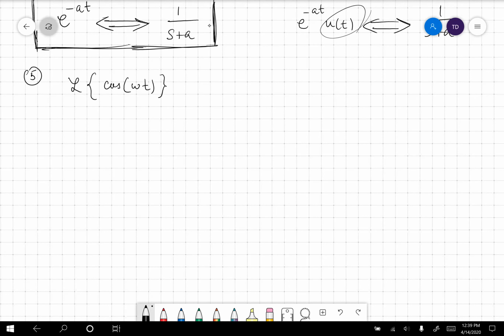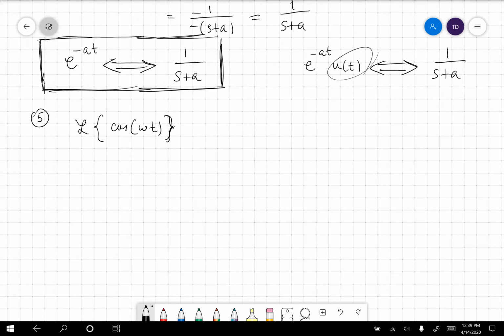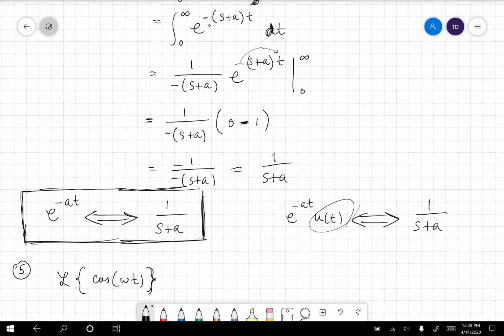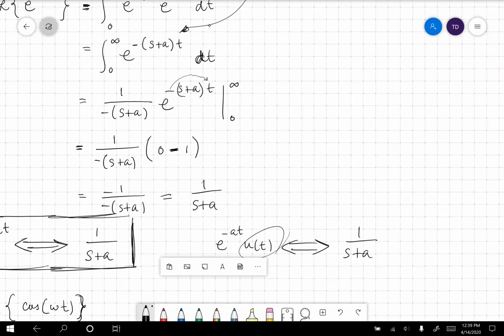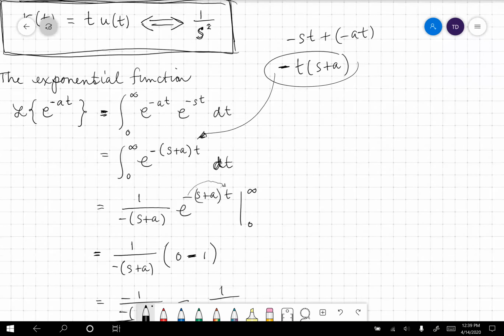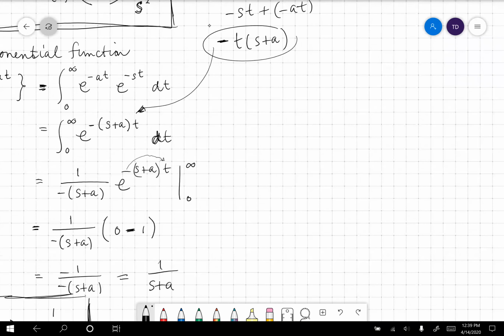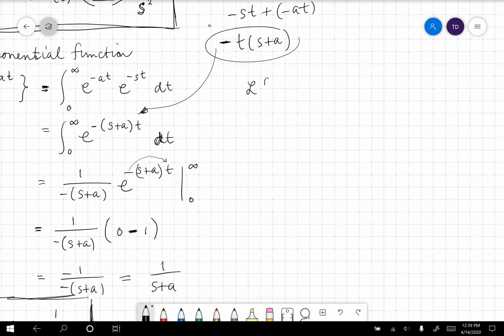Remember, we'll know what omega is when we see it, just like when we see this exponential up here. Just a quick example: we just did an exponential of e to the minus at, so this means that the Laplace transform of e to the minus 6t is equal to 1 over s plus 6.